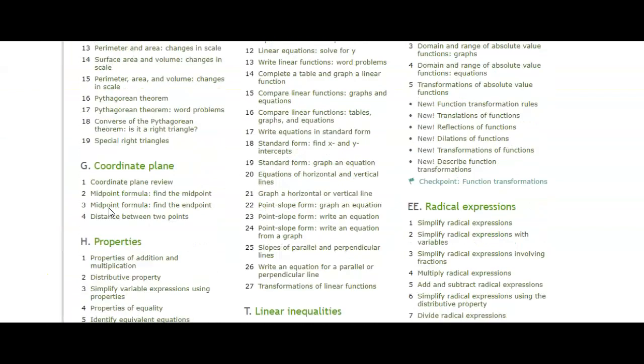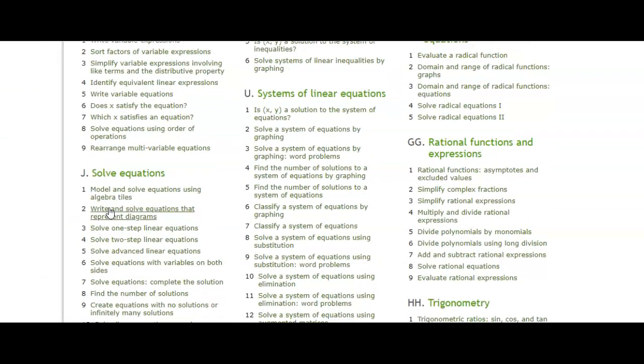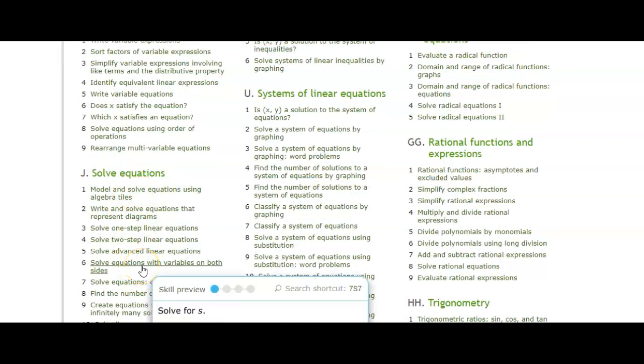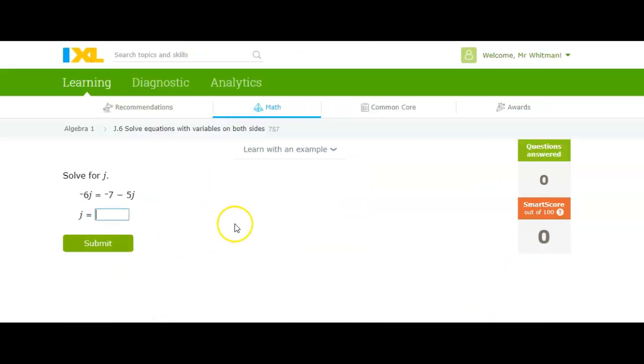Go down to letter J. And it says solve equations with variables on both sides. That's what we were doing. Okay, so you solve equations, variables on both sides.